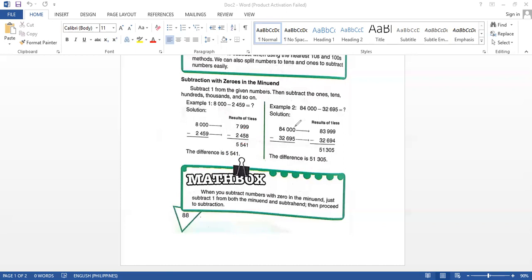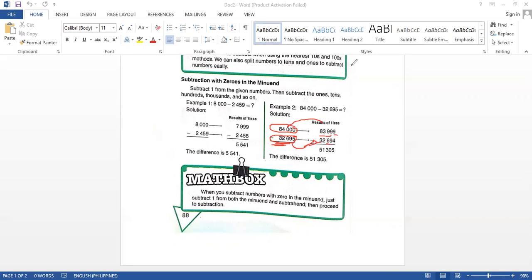Okay, let's do the example. So we're going to subtract first 1 from 84,000. So the result here is 83,999. How about this one? 32,695. We're going to subtract 1 from this number. So this is the result, 32,694.